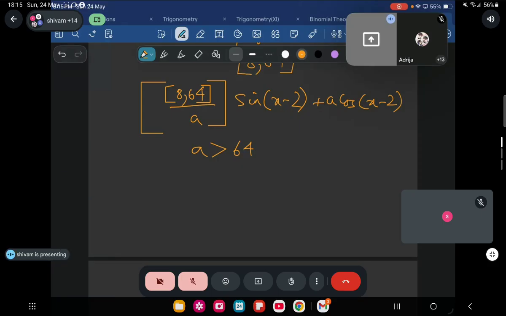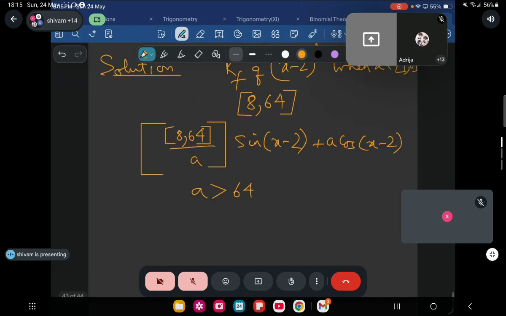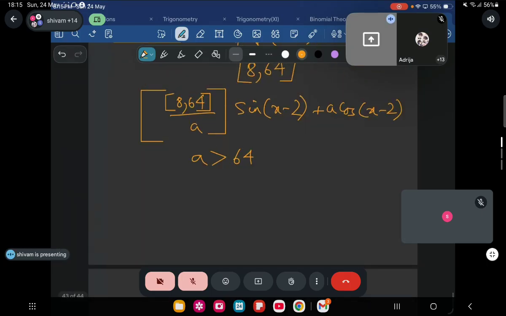Ah, yes. Wait, let me see whether we can choose a less than minus 64 or not. So box of 8,64 divided by minus 64. Okay, we have to take the box function.